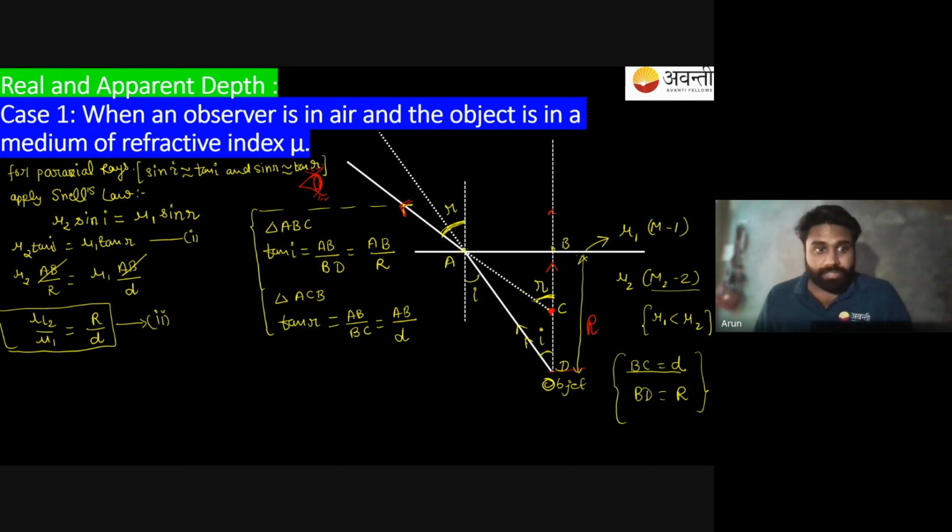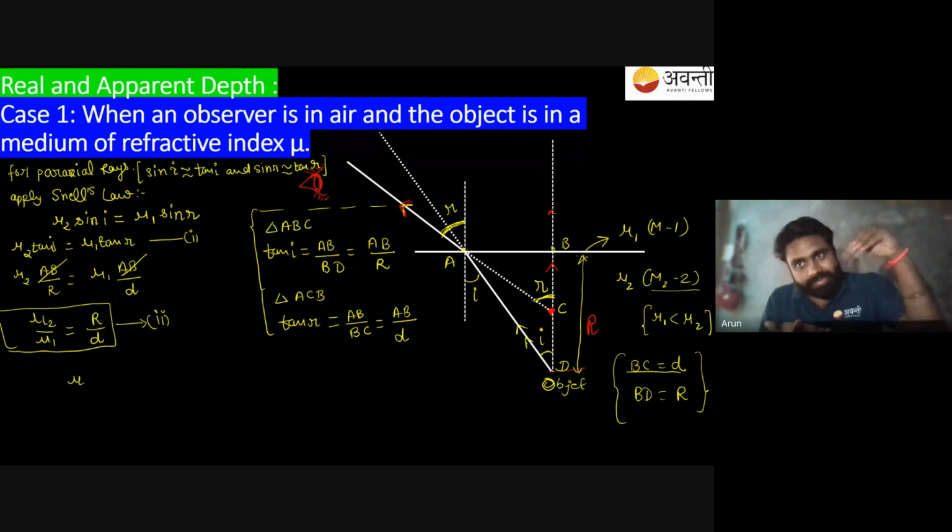So how do we calculate the apparent depth then? This mu2 is nothing but the refractive index of the medium from where the ray is coming. Wherever the object is, the ray is coming from the object. Very carefully, in this case, the observer is in air and the object is in a medium of refractive index mu. So the rays appear to come from the medium of refractive index mu.